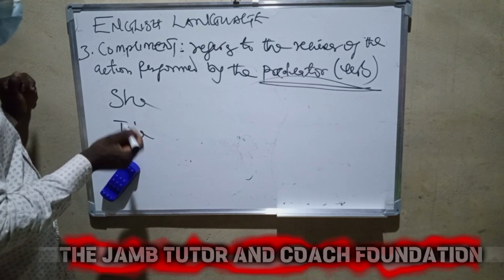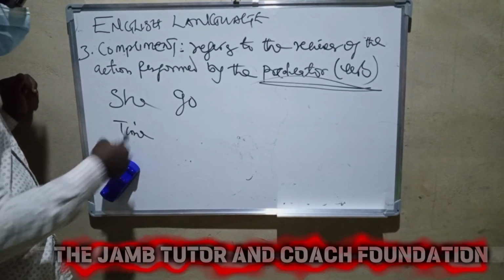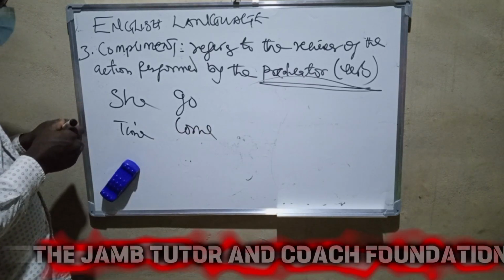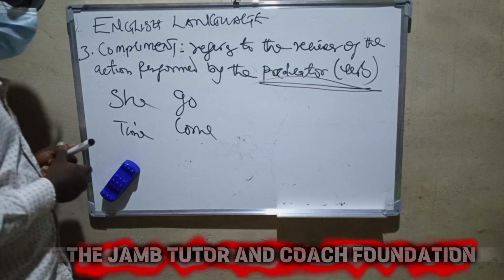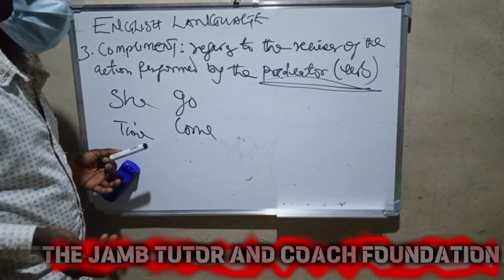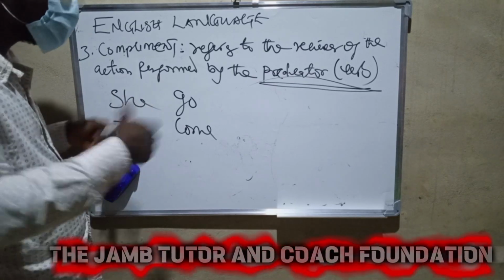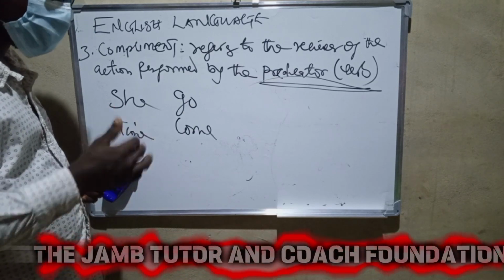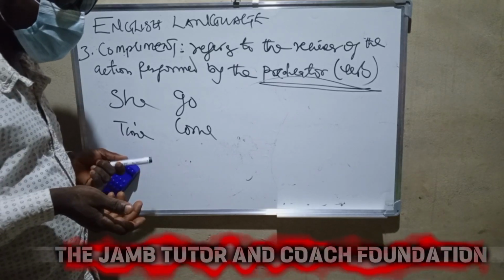But you can make a sentence with go, like a command: go, come. When you give a command go, you already assume the person, the immediate person close to you, is the one receiving it, or is the one you're giving the word, the command. So go means you go. So you can say a sentence having just a verb without any other element, and it's very meaningful and also has sense.